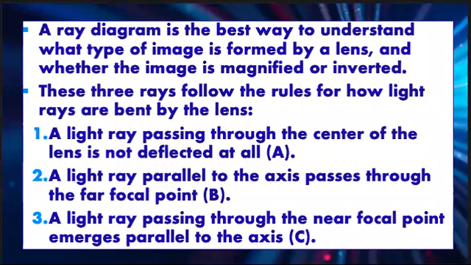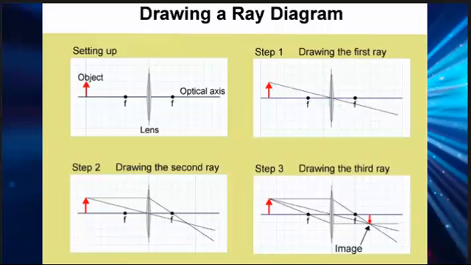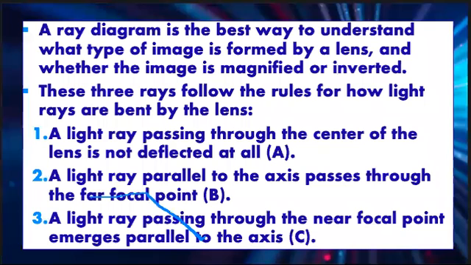A light ray parallel to the axis passes through the far focal point, which means the other side. Just like in the mirror, so it passes through a far focal point.